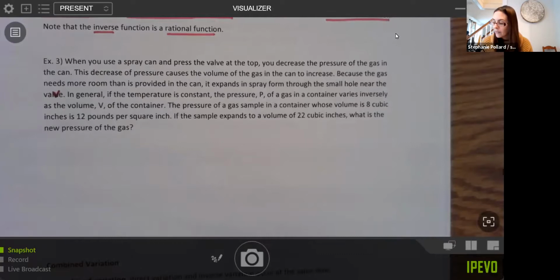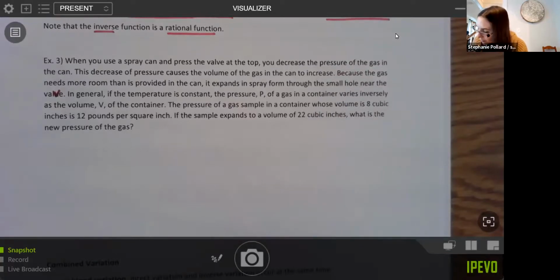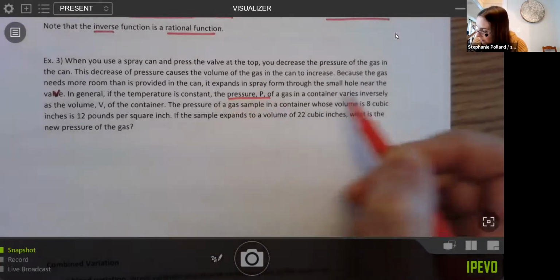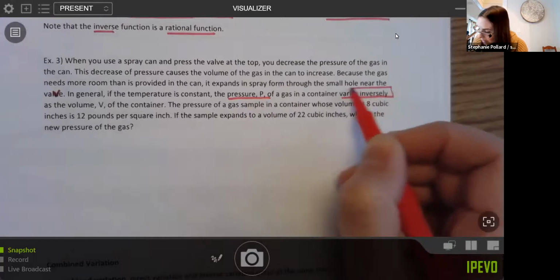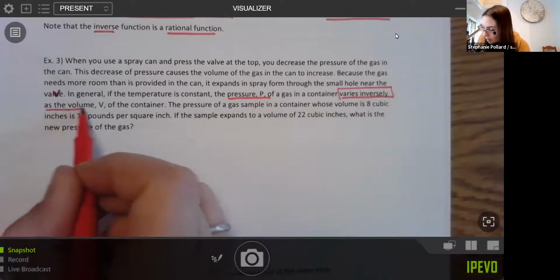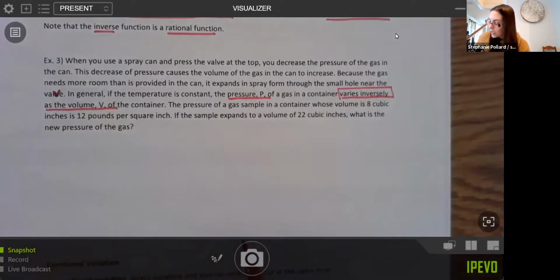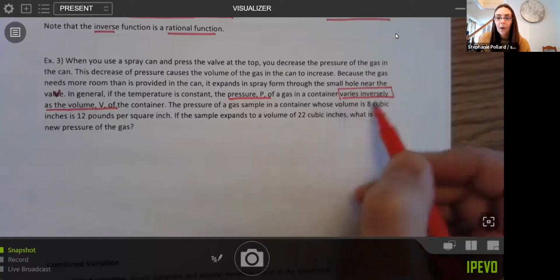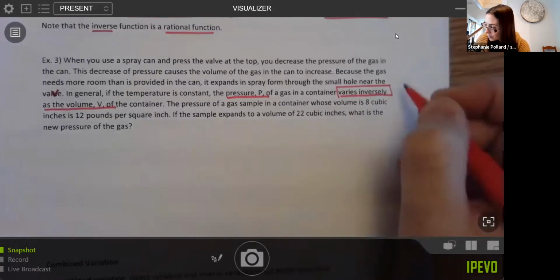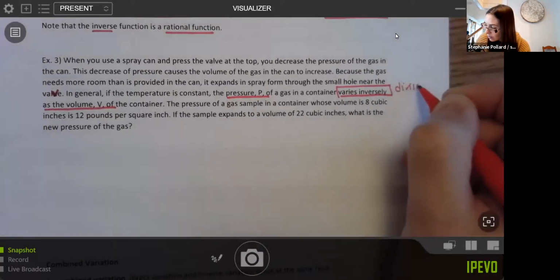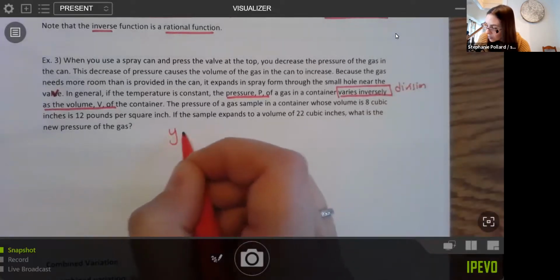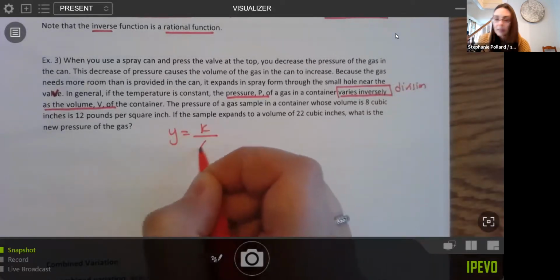So in general, if the temperature is constant, the pressure P of a gas in a container varies inversely as the volume of that container. So again, if I hear inversely, I'm thinking about division. Inversely, think about division. So you have y equals k over some variable.